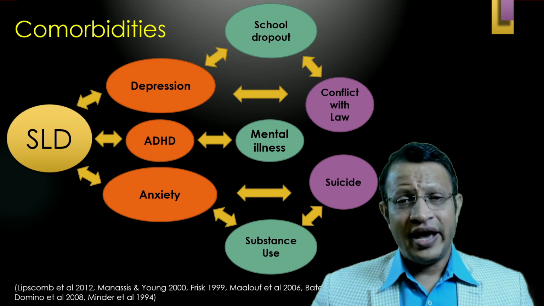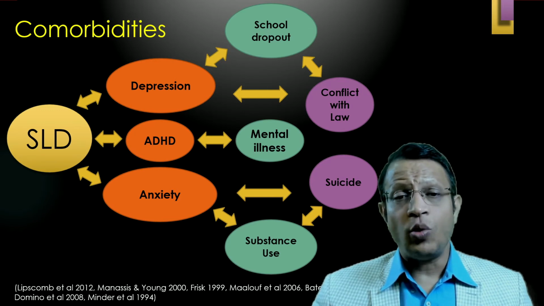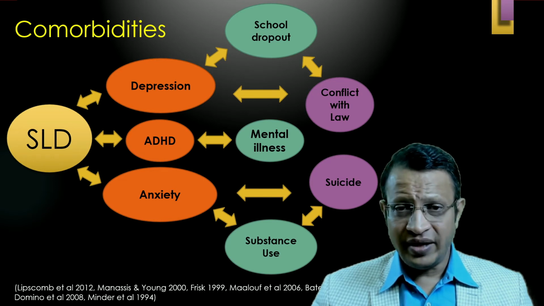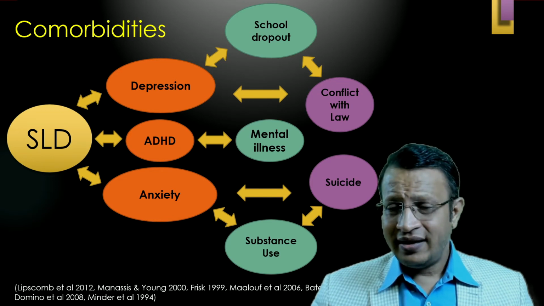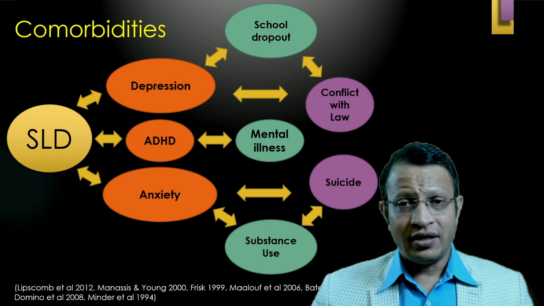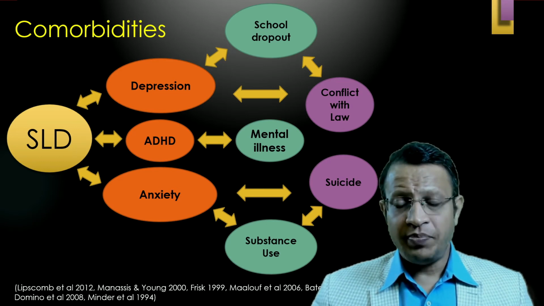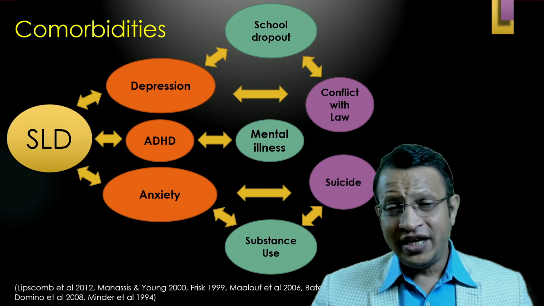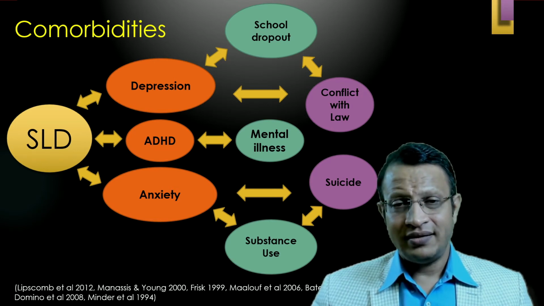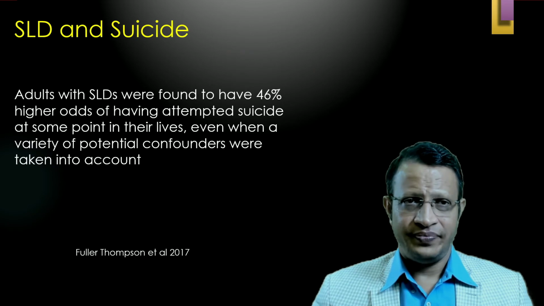That means SLD, 70% of the children will have other comorbid conditions. That means SLD does not come alone. Here, comorbidity is the rule. Whenever you see a patient with SLD, 70% there is another diagnosable psychiatric condition.